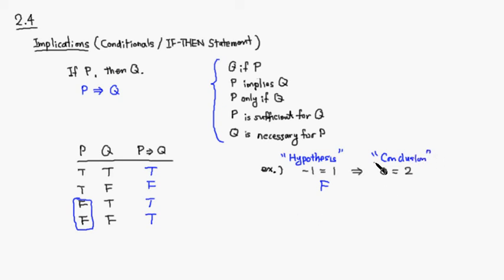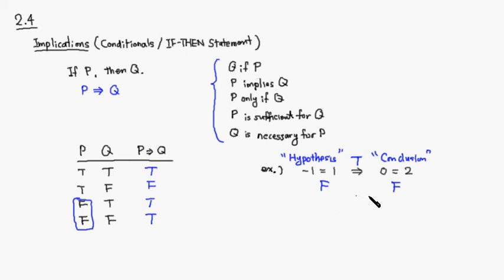Now look at the conclusion: 0 equals 2. It's a false statement. So therefore, implication-wise, it is actually a true implication.